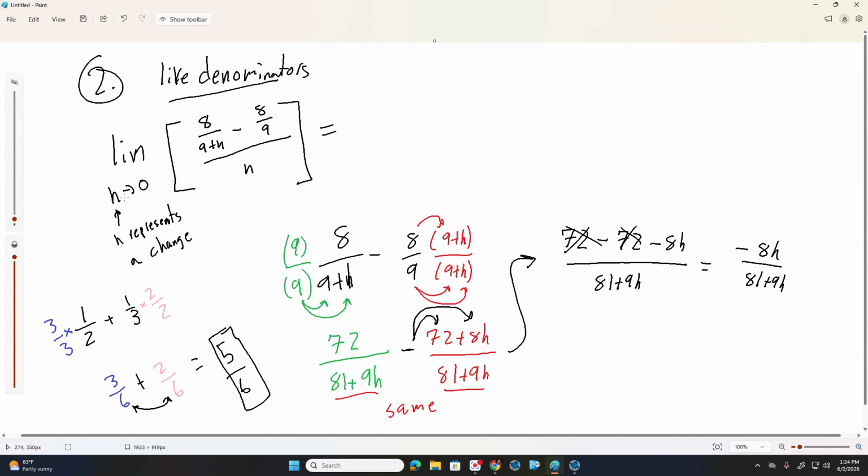So the limit as h approaches 0 of 8 divided by 9 plus h minus the term 8 divided by 9, all over an h, can be rewritten as the limit as h approaches 0 of negative 8h divided by 81 plus 9h, divided by an additional h. And I really try to emphasize that this fraction symbol is smaller than this fraction symbol.